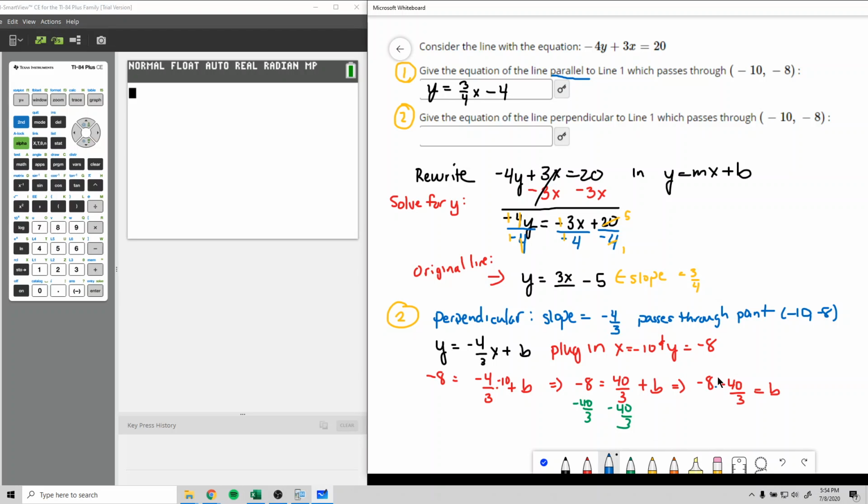We multiply the 8 by 3 over 3. So negative 8 times 3 is negative 24 over 3 minus 40 over 3 equals b, and negative 24 minus 40 is negative 64 over 3. That is our b. We've got our slope, negative 4/3, and the b value that goes with it. So the answer is y equals negative 4 over 3x minus 64 over 3.